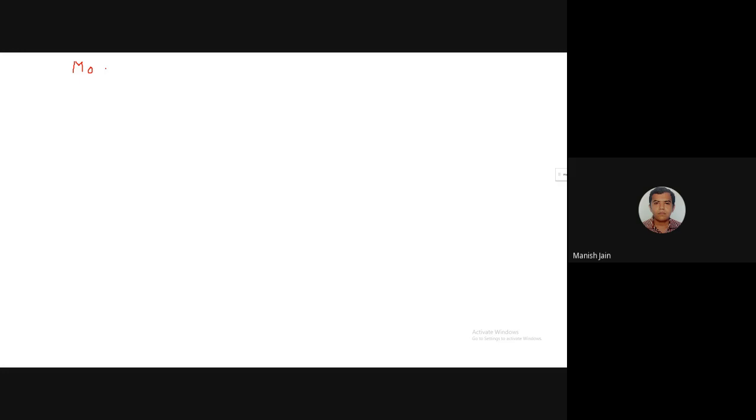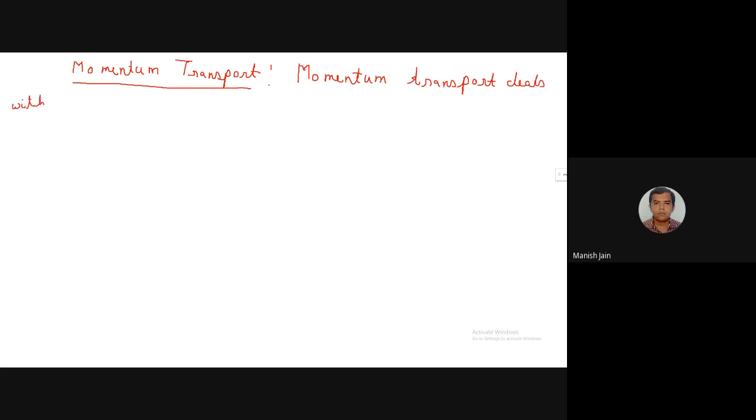Definition of momentum transport: momentum transport deals with the transport of momentum, which is responsible for the flow of fluid.